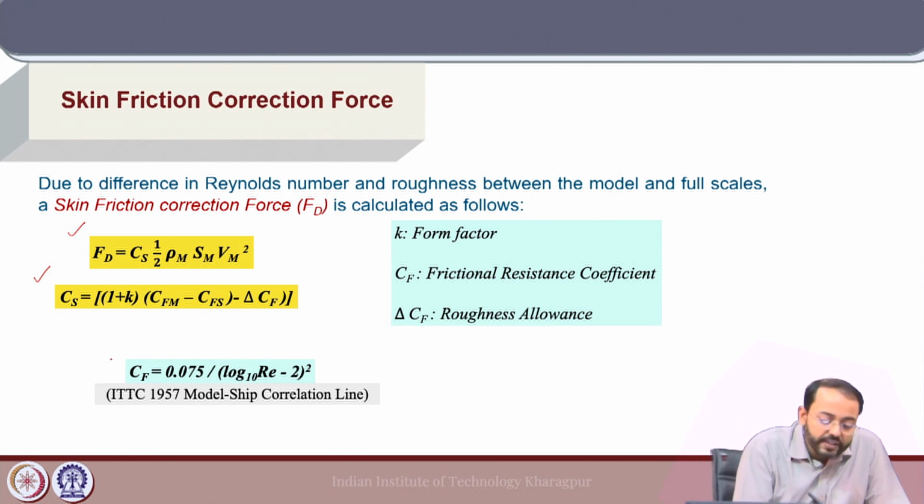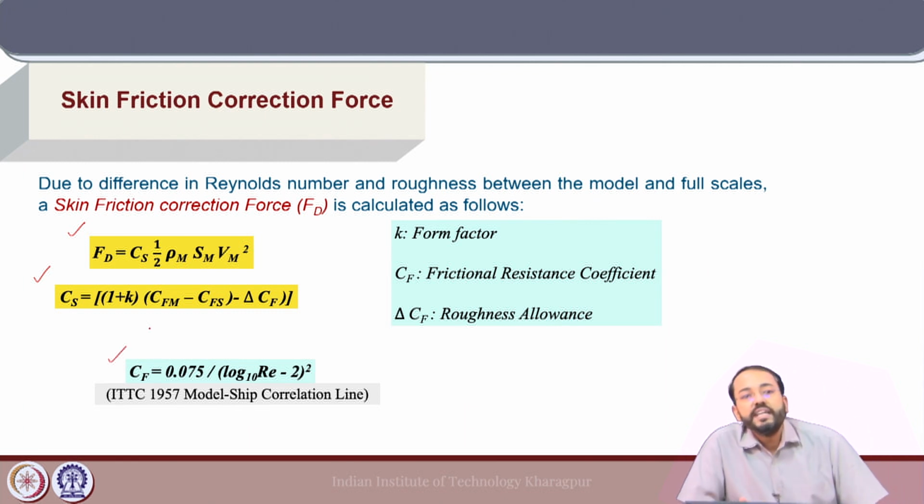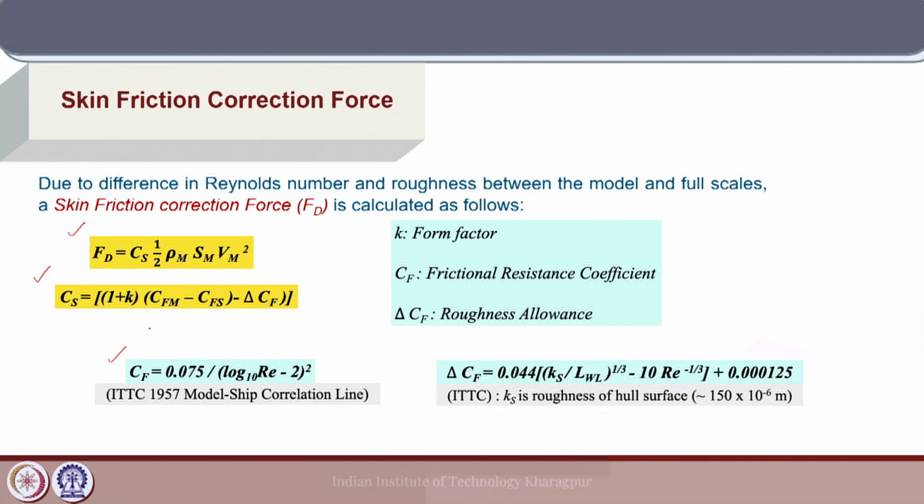Now, Cf can be calculated simply using the ITTC 57 ship model correlation line, and this is based on the Reynolds number as we have seen in standard resistance calculations, and delta Cf, which is the roughness allowance, is also given by ITTC based on this formula.